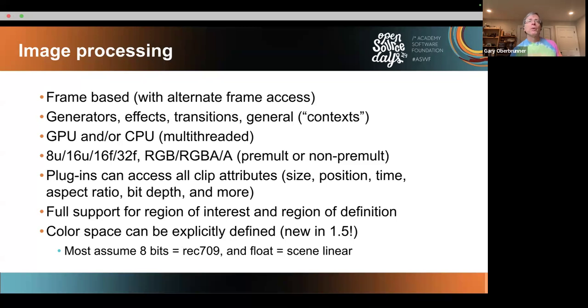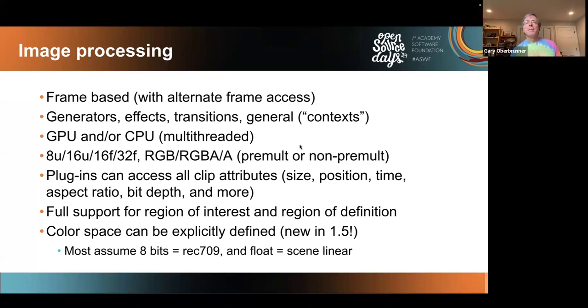And if they're getting a float or producing a float, it's scene linear. Our hope is that the new color space support in 1.5 will mean we don't have to make those assumptions anymore. So if you want a log space input, if you're a color plugin, you can request that, and then you'll get your images directly in the host's log format without having to do any translation, and so on.